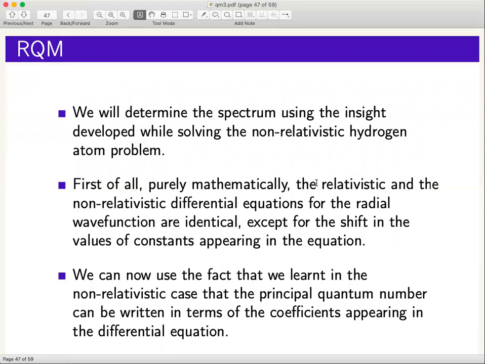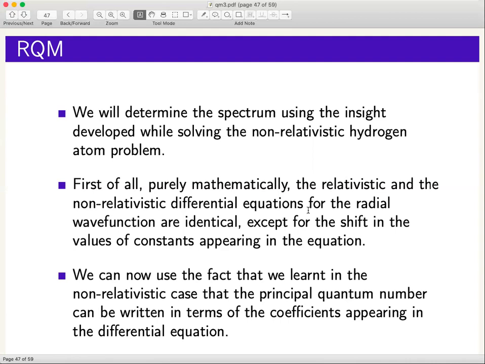Okay, so we will do the following thing. As I have emphasized earlier also, the differential equation purely mathematically has the same form. All that happens is some constants are shifted to some other constants. Okay, so barring that, there is no real change in the equation. So if you put generic values of those parameters, you would be solving the differential equation both for relativistic and non-relativistic problems simultaneously.